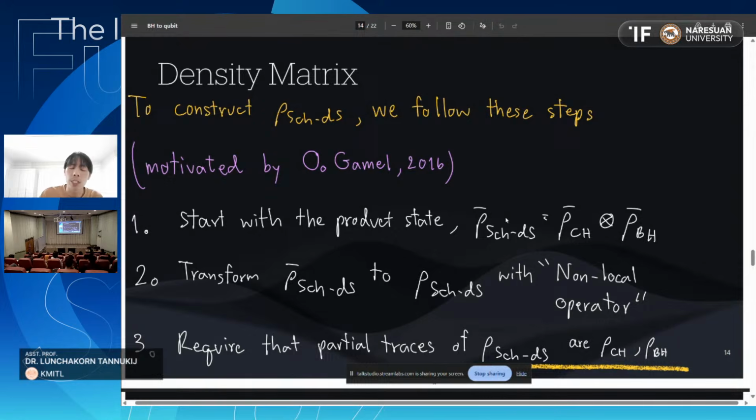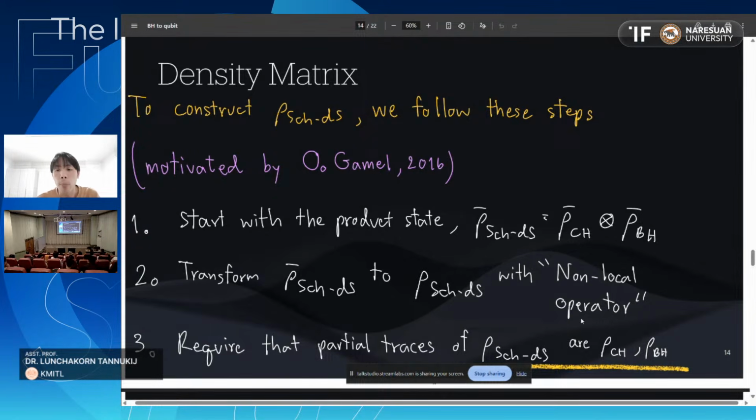This is one of the ways that we can get the total density matrix out of those two smaller density matrices. Or you can start with this and rotate or transform it with appropriate operators.